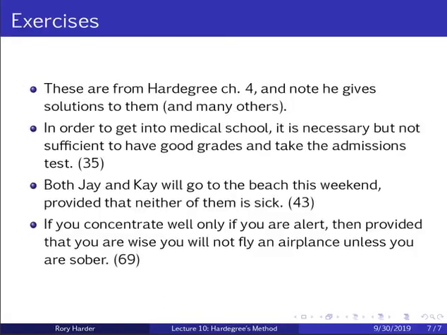Now let me go back to the original sentence. So the original sentence was that both J and K will go to the beach this weekend, provided that neither of them is sick. And if we look at the translation we have and translate that back into English, what we have again is that if J isn't sick and K isn't sick, then J will go to the beach this weekend and K will go to the beach this weekend.